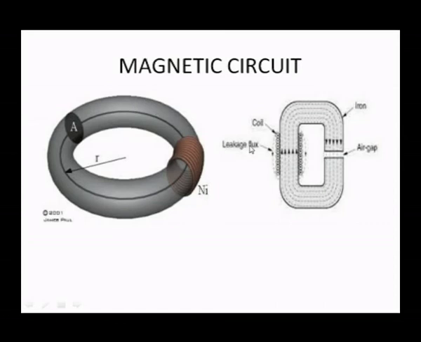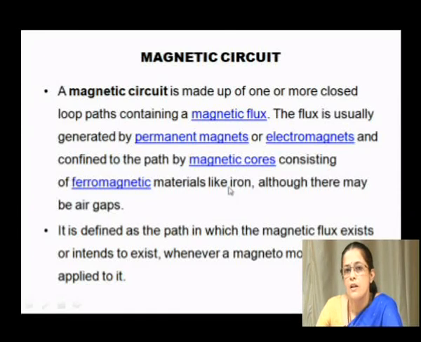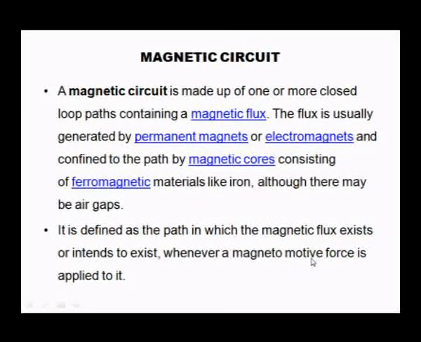This is the path. You can observe in the cross section here, this is the coil, and these dotted lines are nothing but the flux, and this is a core of iron, and here is an air gap. So, now we can understand what this magnetic circuit is. It is defined as the path in which magnetic flux exists or intends to exist whenever a magnetomotive force is applied to it.